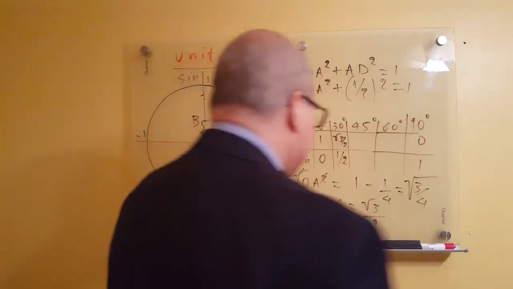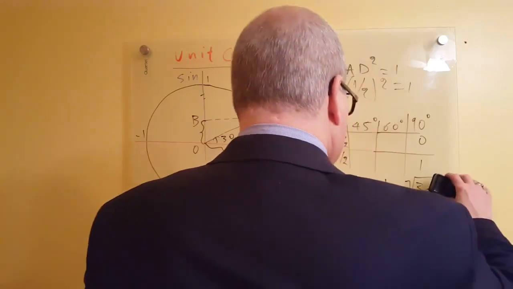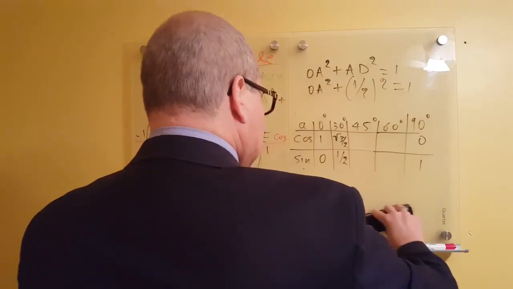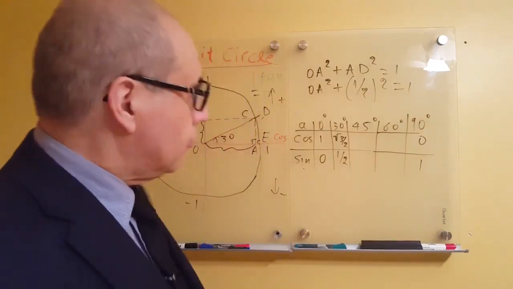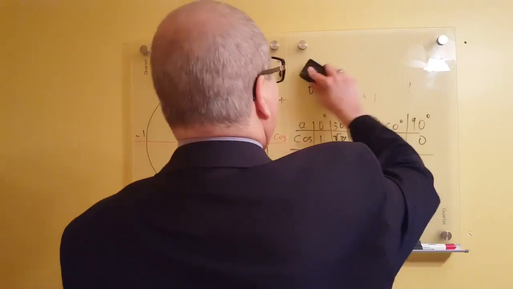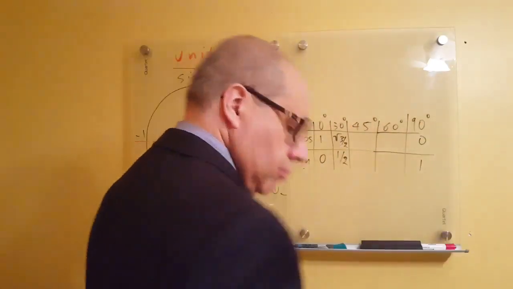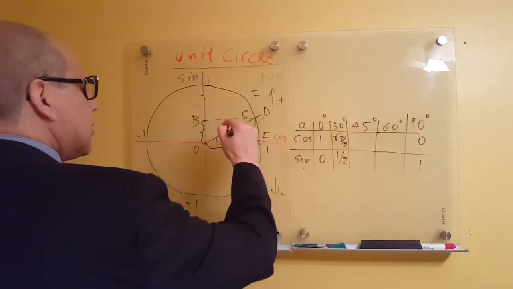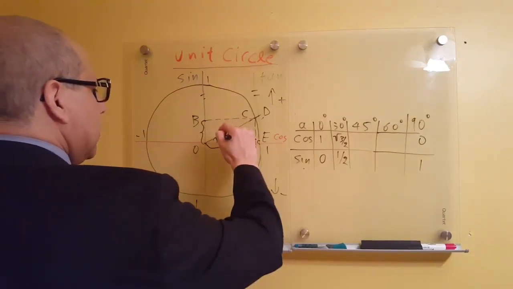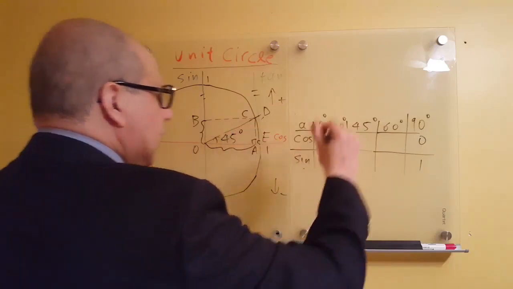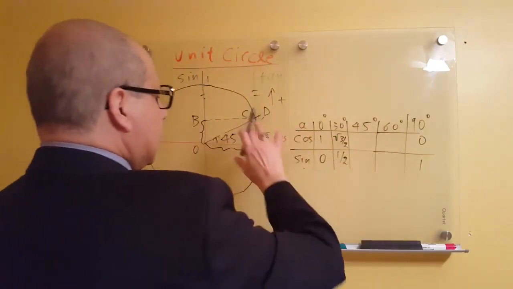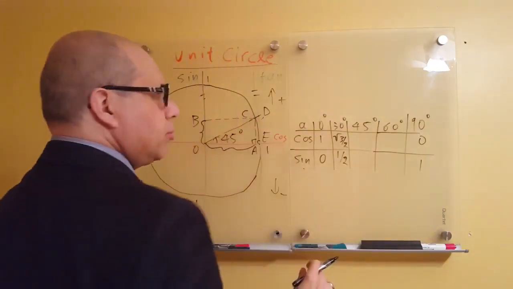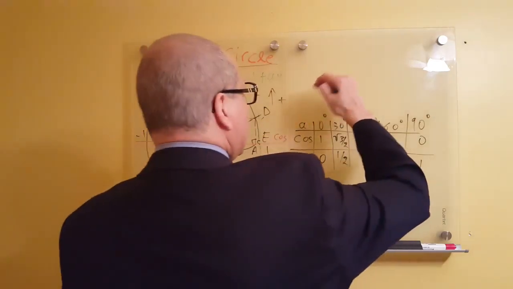And let's find one more thing, which is relatively easy. Let's now say that this angle here is 45 degrees. And let's make it the same triangle. I mean, it will not be exactly the same, but it will be easier for you to follow.